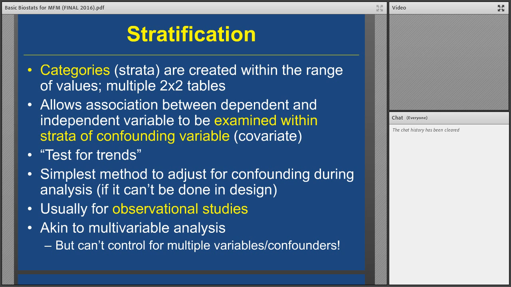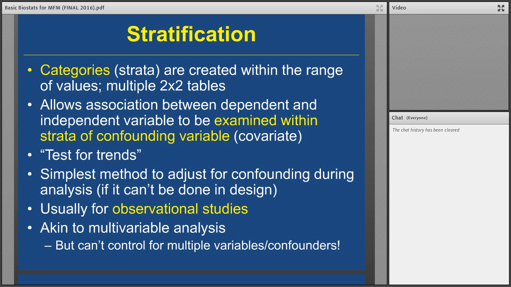We can create multiple 2x2 tables and then compare these 2x2 tables to each other to find a confounding variable or a covariate. And it's an example of how we can test for trends. And it's the simplest method to adjust for confounding during analysis if you can't really do it in design.